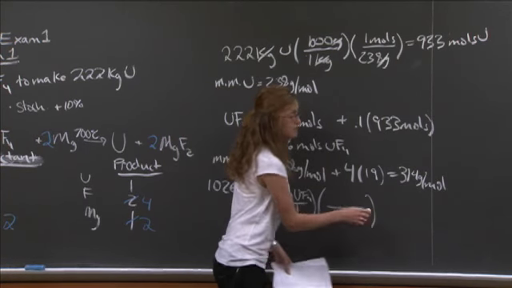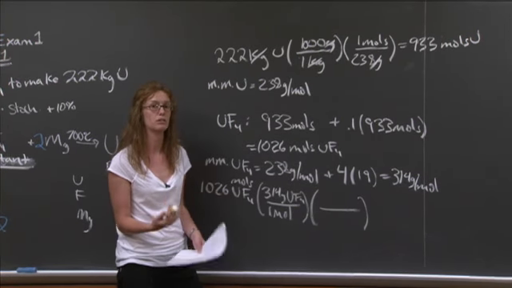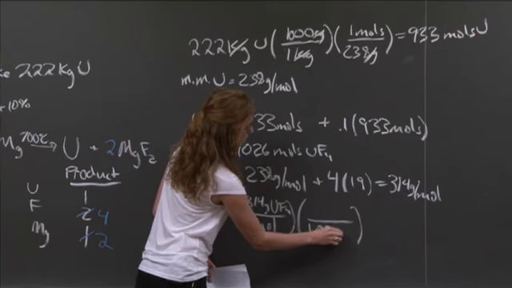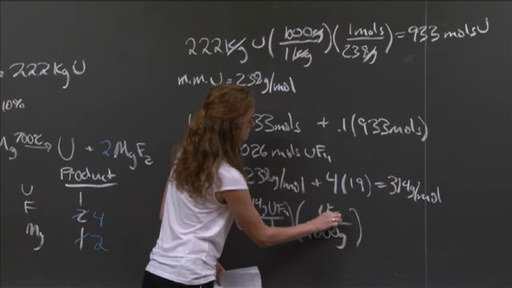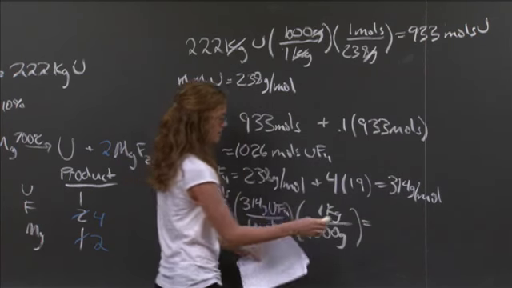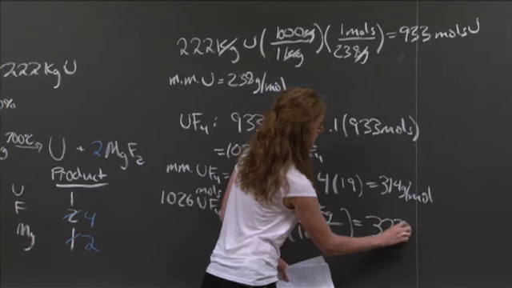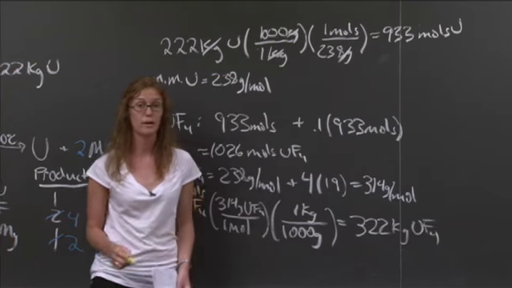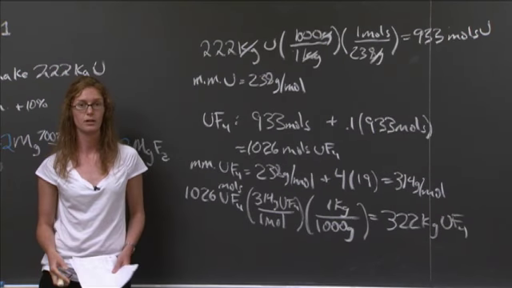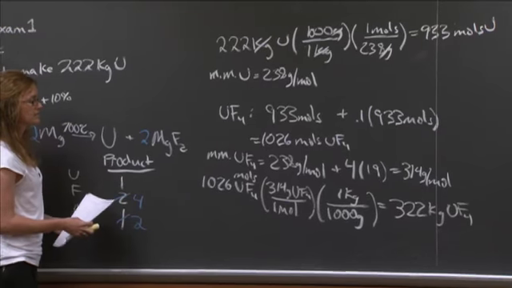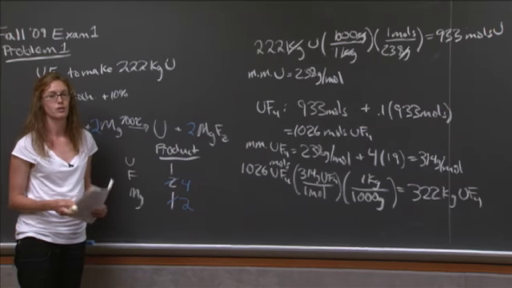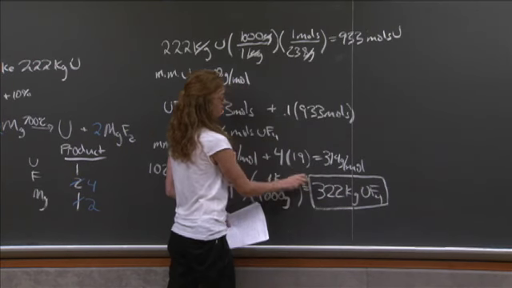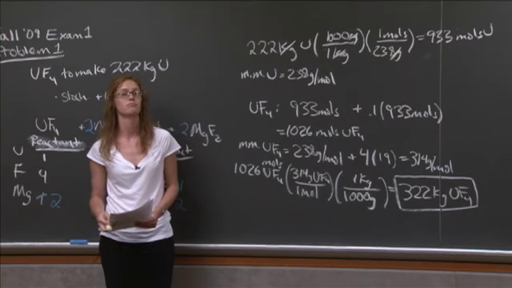Remember that this is an industrial scale process, so we actually care about the amounts in kilograms. And we get 322 kilograms uranium tetrafluoride. Going back to what the question was asking us, we know that we now have the correct answer, and we can put a box around it so that on the exam, whoever's grading you knows that that is your answer.